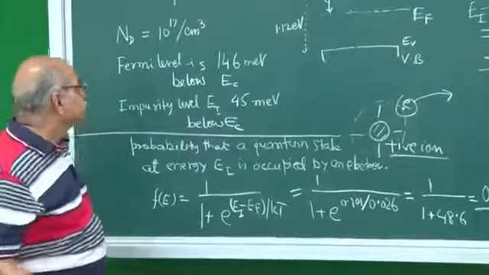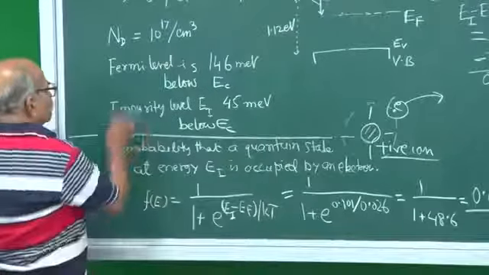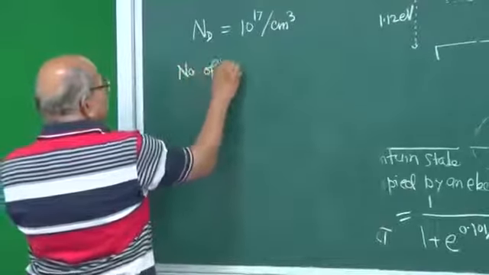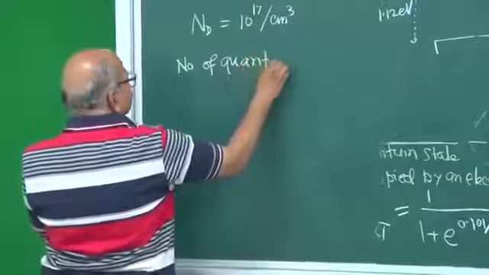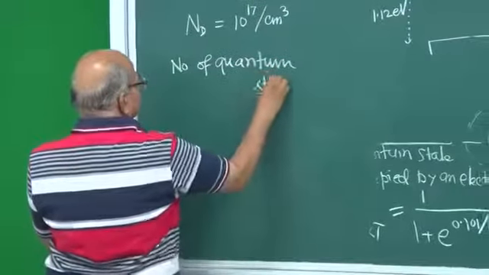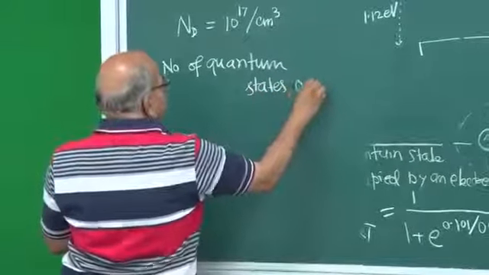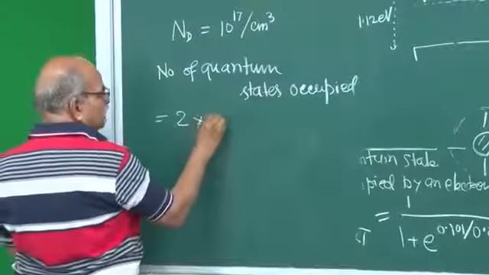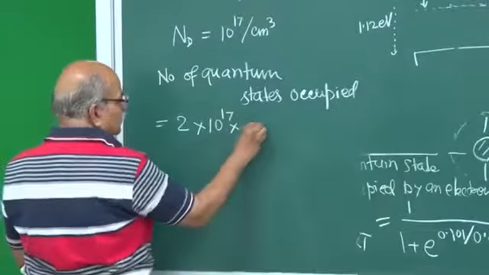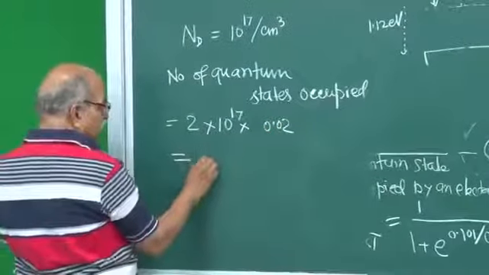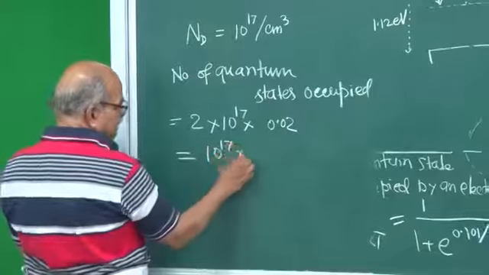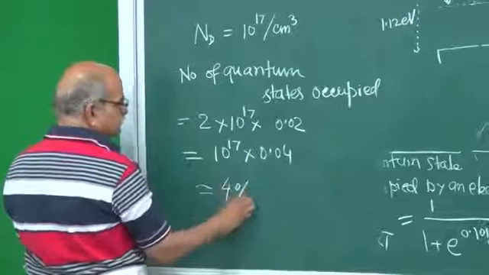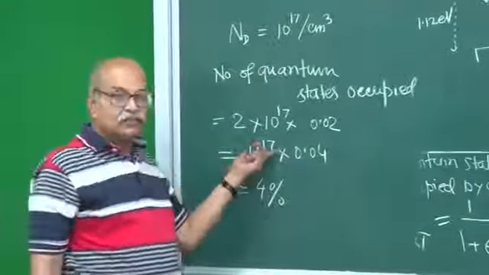So the number of quantum states occupied is 2 into 10 power 17 into 0.02, or you can express it as 10 power 17 multiplied by 0.04, which means 4% of the total donor atoms.